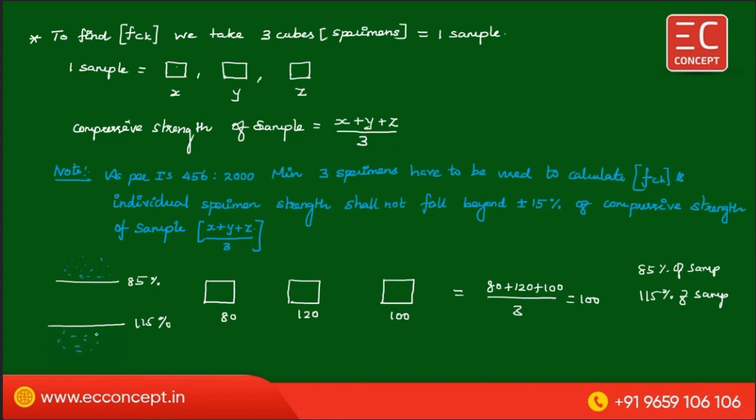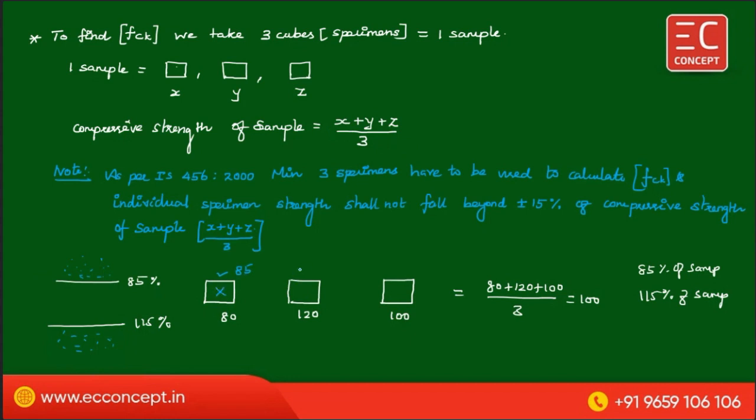Now we can check whether the first cube is acceptable or not, and like that the second and third cube. For example, what is 85% of 100? 85. So 85 is the answer. You should get 85, but here you have 80, which is less than 85, therefore this is unacceptable.